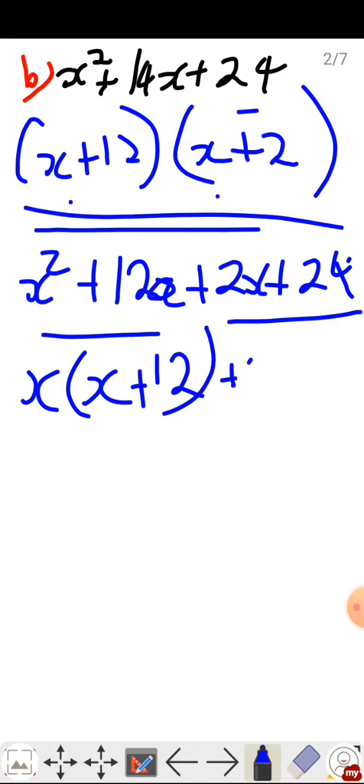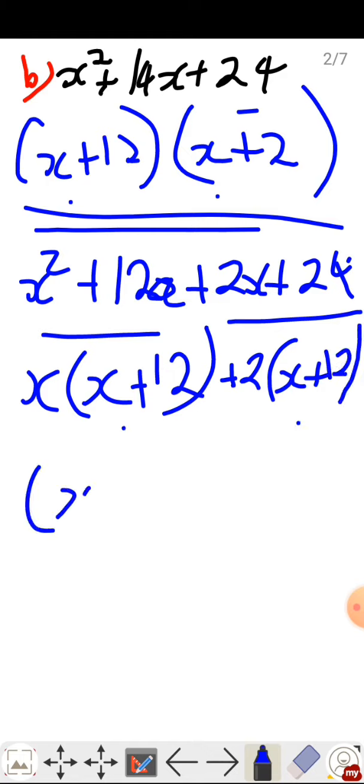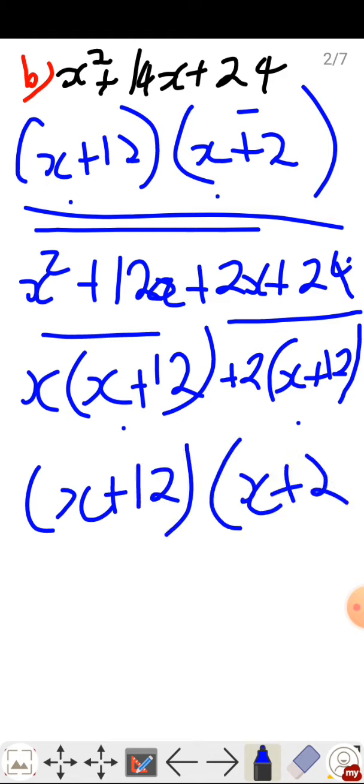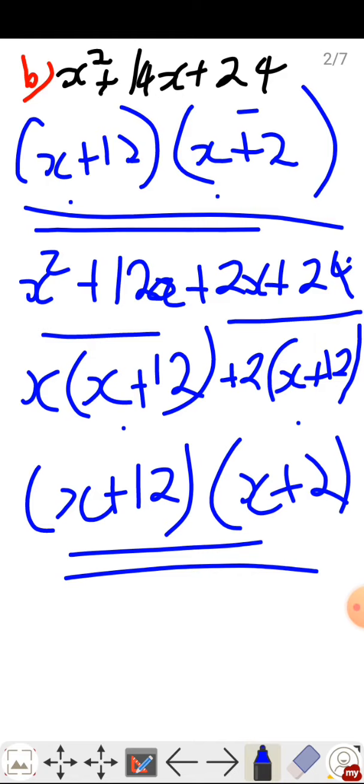Here the common factor is 2, x, 24 divided by 2 is 12. So now we have x plus 12, x plus 2. So you see, it's still the same thing, but use the shorter method to spend less time solving.